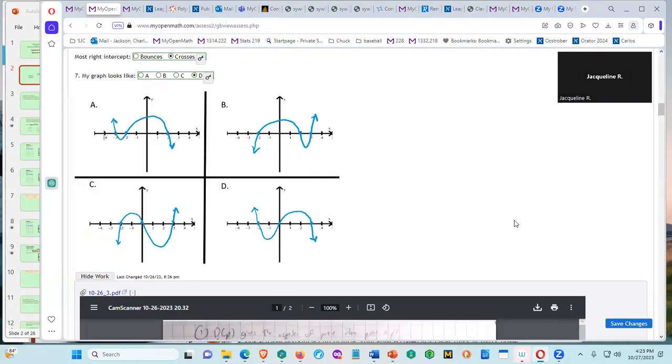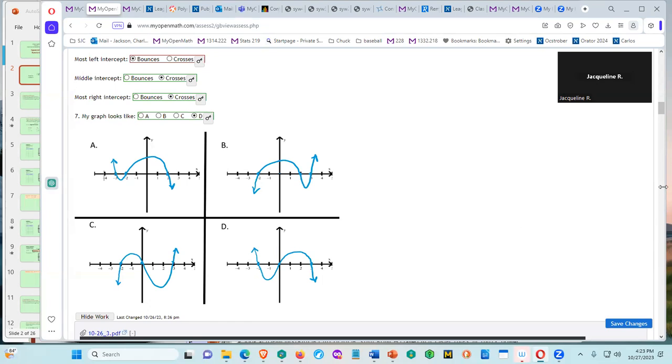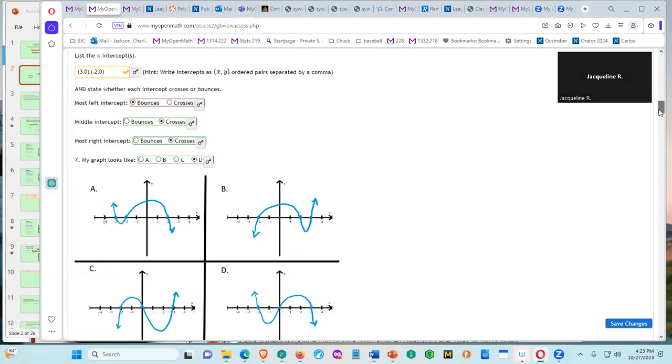So you got the graph right. You got that it was D. And that shows the thing going through. Yeah, it's just that I messed up on the x-intercepts. That's the only thing that I did not know. So then I just kind of guessed. Well, I got you. Yeah. But you can see that it crosses for all three of them. It just crosses. No wiggle. It just goes straight through the axis.